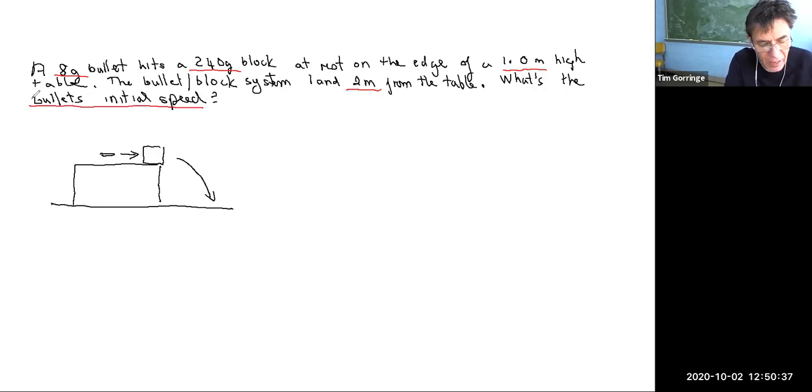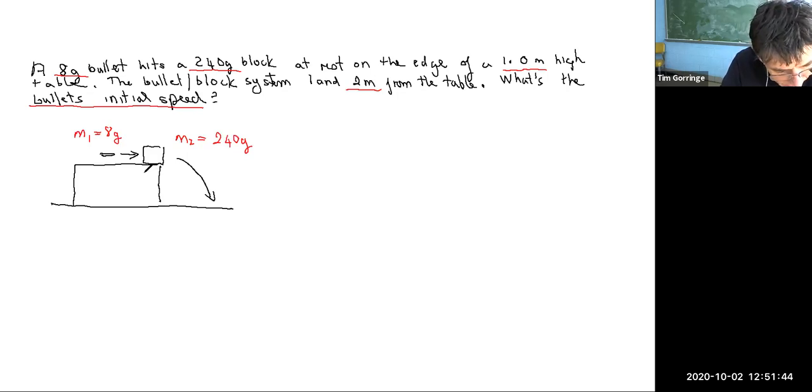So I could add those quantities to the picture to quantify it. Let me call the bullet object number 1. Its mass is 8 grams. The block's mass, I'll call it object number 2, is 240 grams.